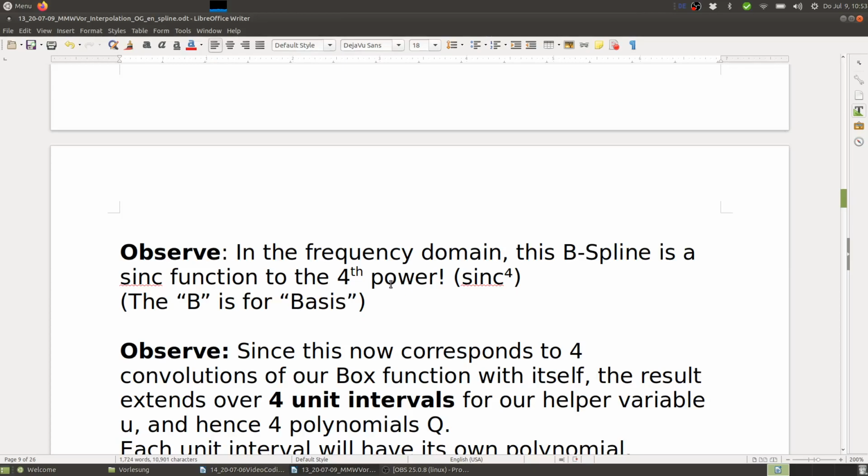And this also shows us why this works well, because the sinc function to the 4th power is a much better low-pass filter. Because the ripples in the passband are a somewhat small number, but they become much smaller if we exponentiate them to the 4th power. So that means we have a better low-pass filter when we convolve the box function with itself.